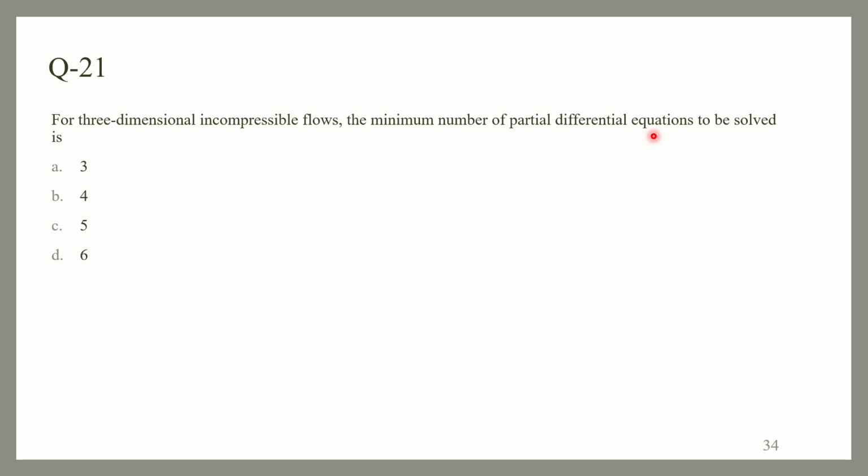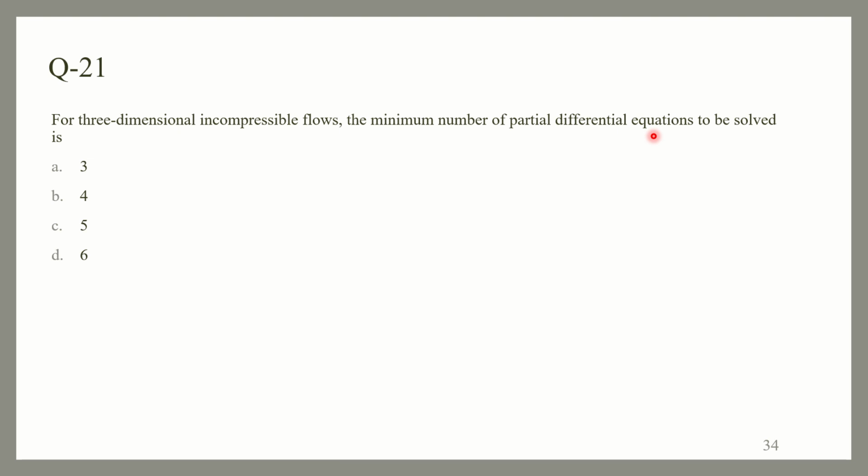We have one continuity equation, three momentum conservation equations, and one energy equation, and species conservation equations if reactions are involved. So on that basis, how many equations do we have? If we ignore the chemical reaction, we have 5 equations.